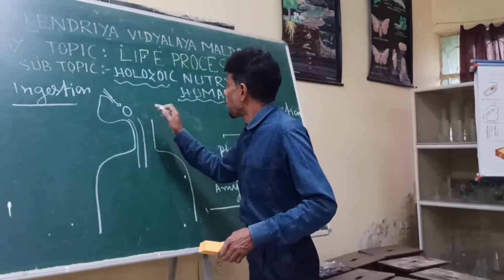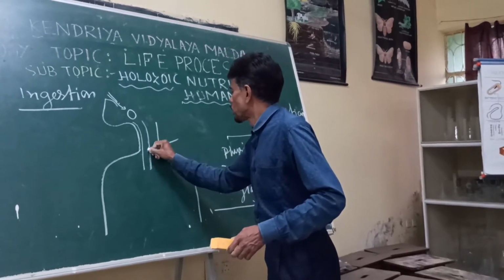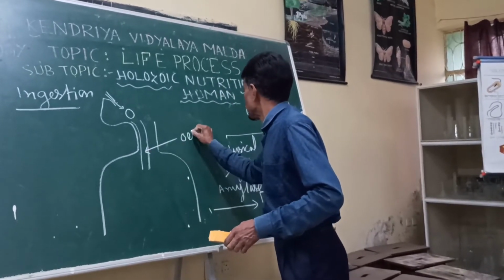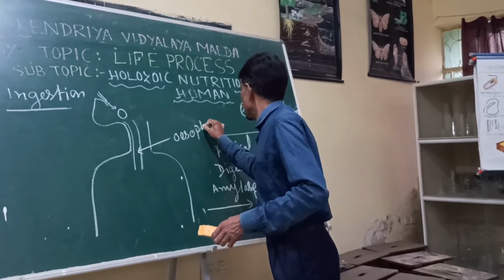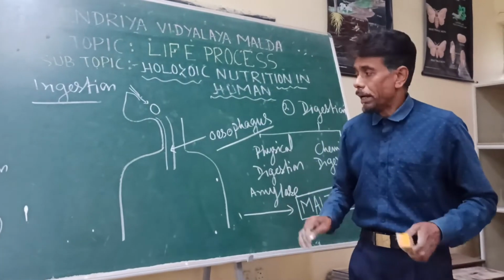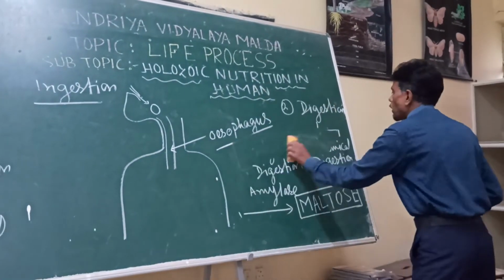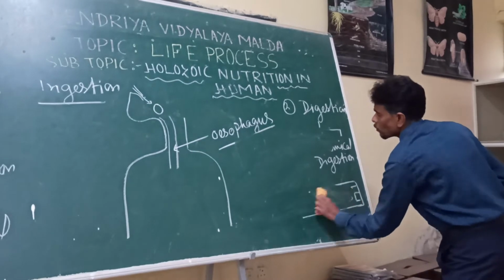This pipe is called the esophagus. Remember, esophagus is otherwise called the food pipe.